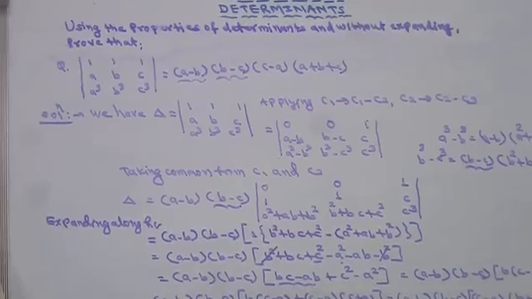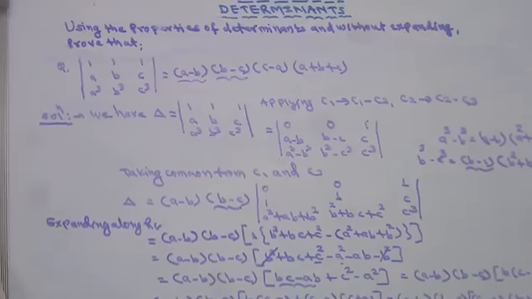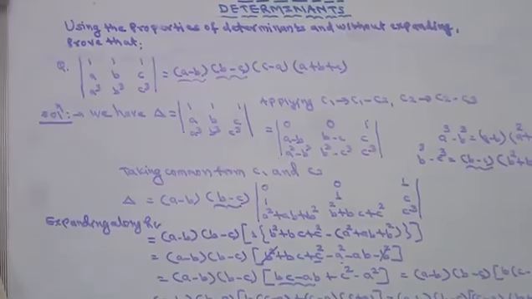So that is (a − b)(b − c)(c − a)(a + b + c), which is the right hand side. In this way we can prove these examples. Okay student, thank you.